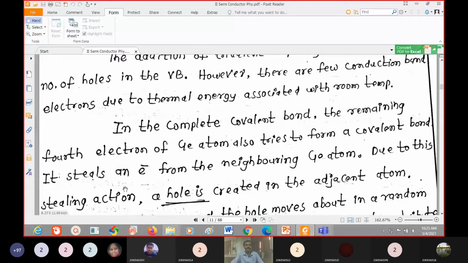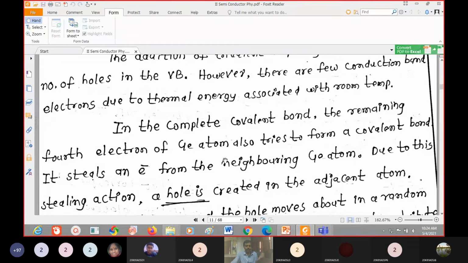That's why it steals an electron from the neighboring germanium atom. Since one germanium atom has not completed its covalent bond, it tries to complete it.